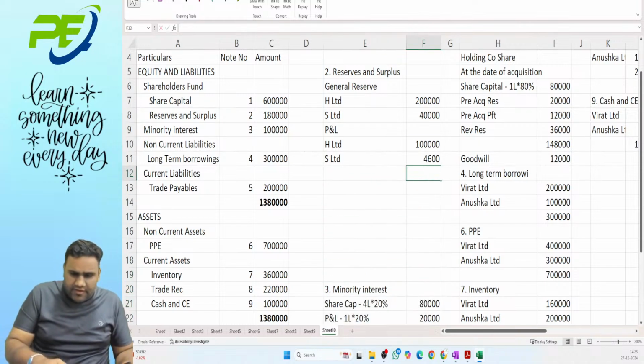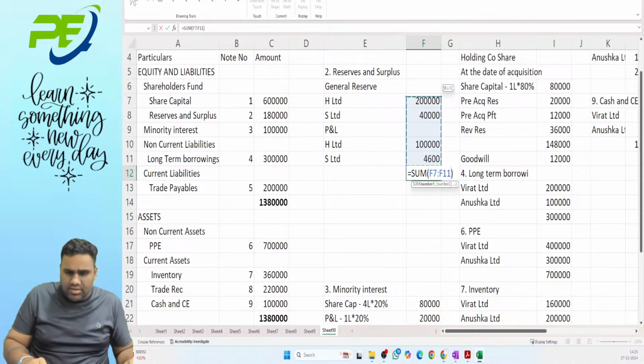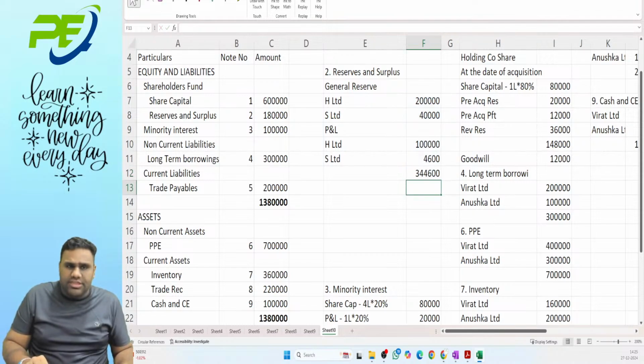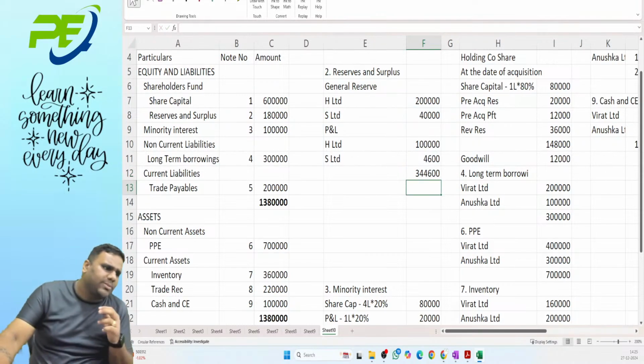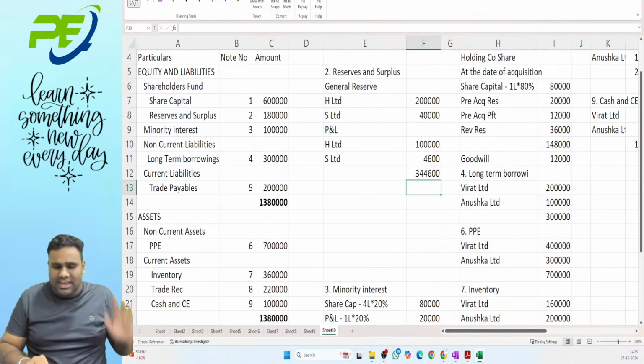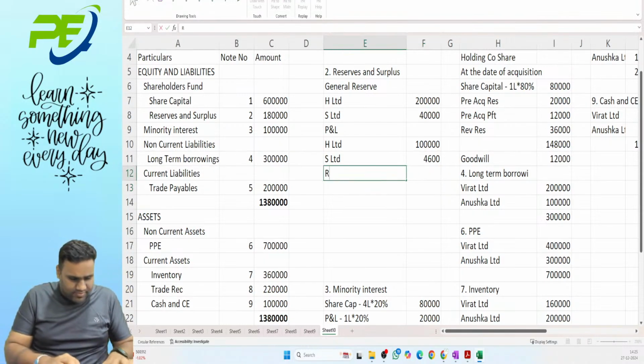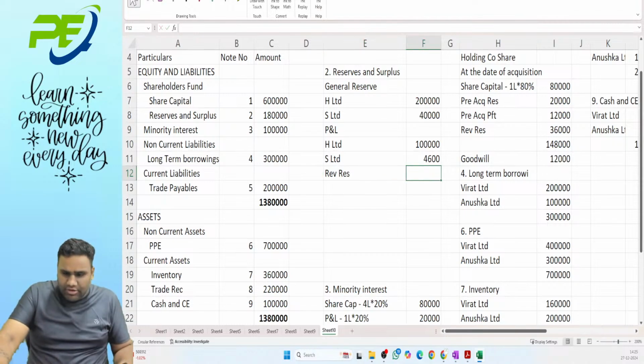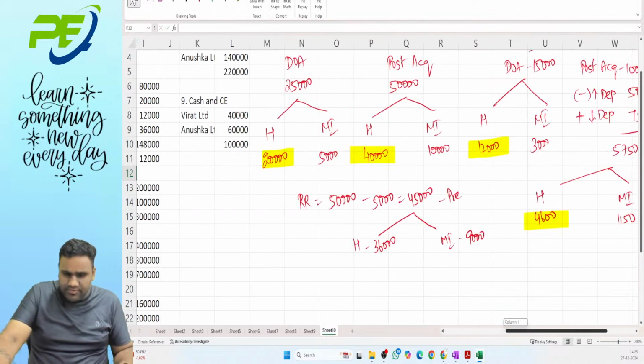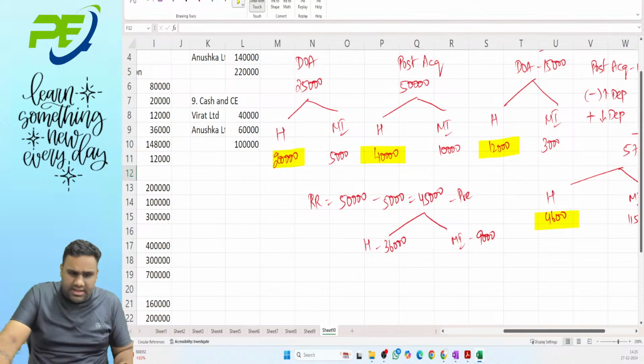So total of reserves and surplus 344,600. That's all. Now in revaluation reserve, 36,000 H Limited.